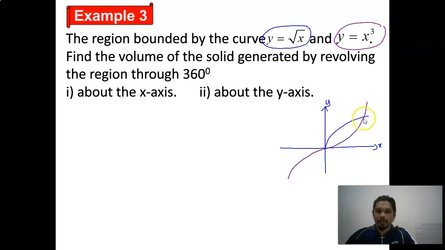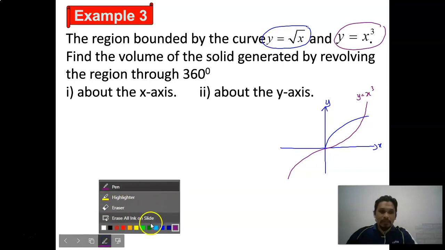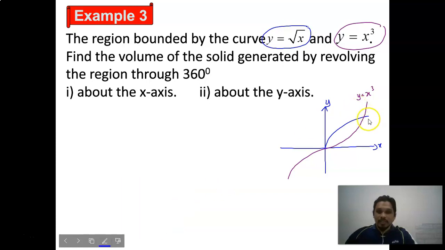There you go. This is y equals x cubed, and the blue graph here represents y equals square root of x. So there is an area between these two curves, the blue curve and the purple curve. There's an area bounded by these two.